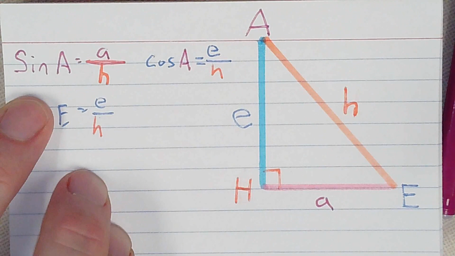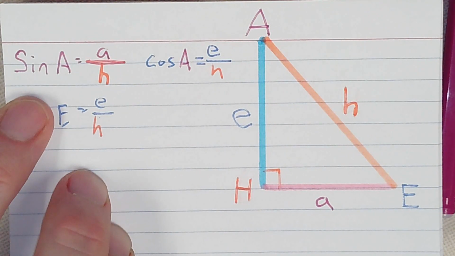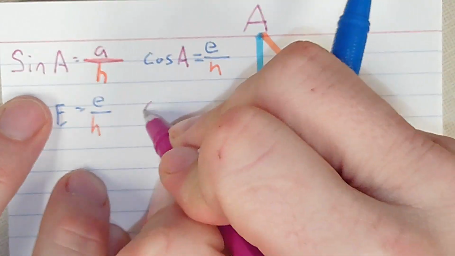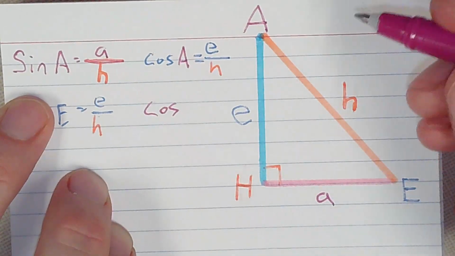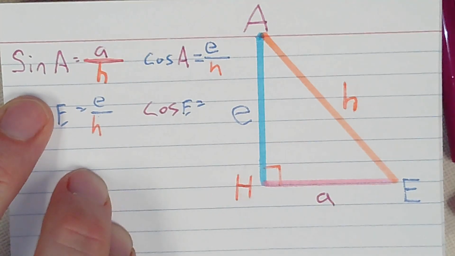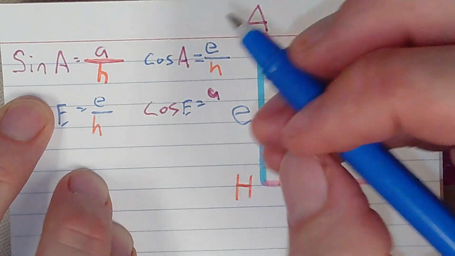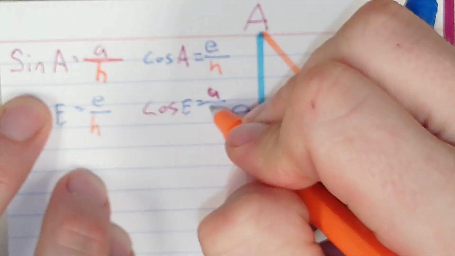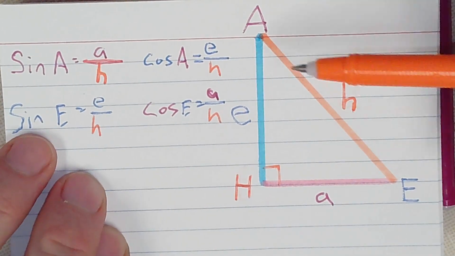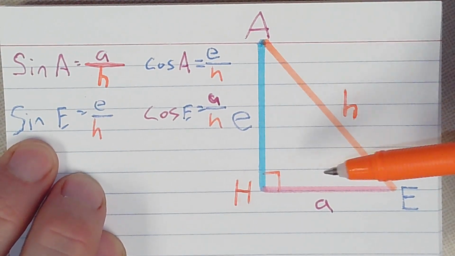And then similarly, we could figure out the adjacent one to E. The cosine of E equals A, this line segment A, divided by H. So it's all relative to the angle that we're talking about and the line segment. This is how we're figuring all this stuff out.